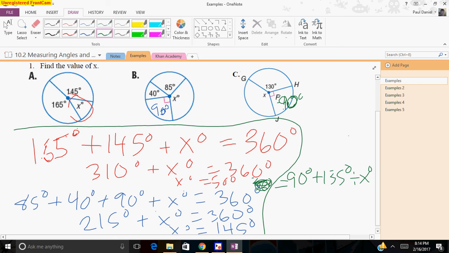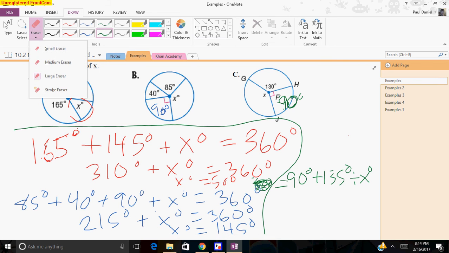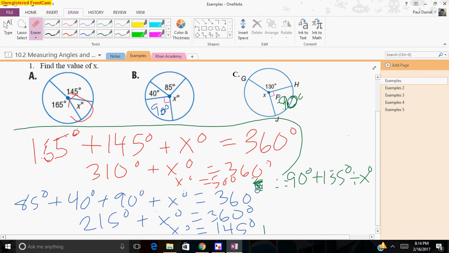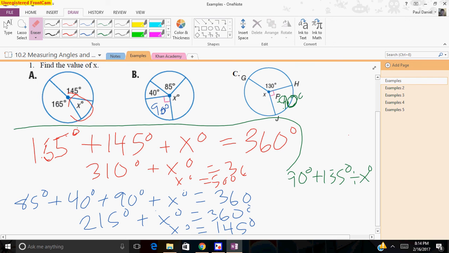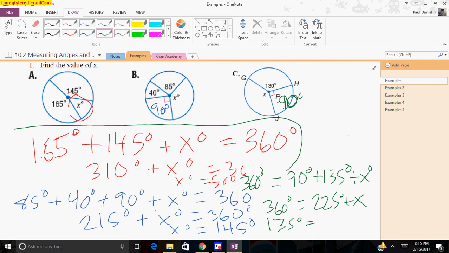Maybe I'll erase part of this. All right, so that means 360 degrees is equal to 225 degrees plus x when I add those two together. Subtract 225 and you get 135 degrees is equal to x.